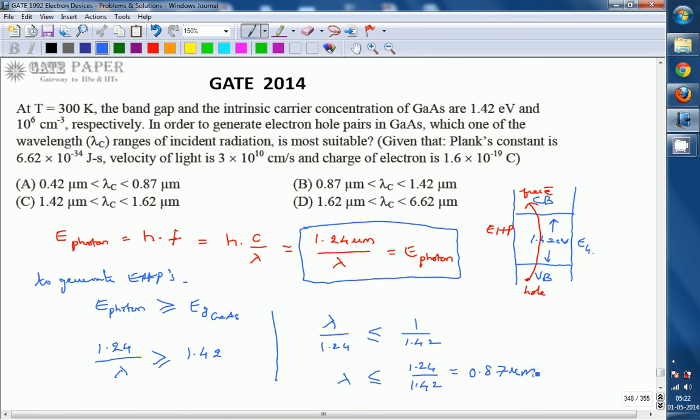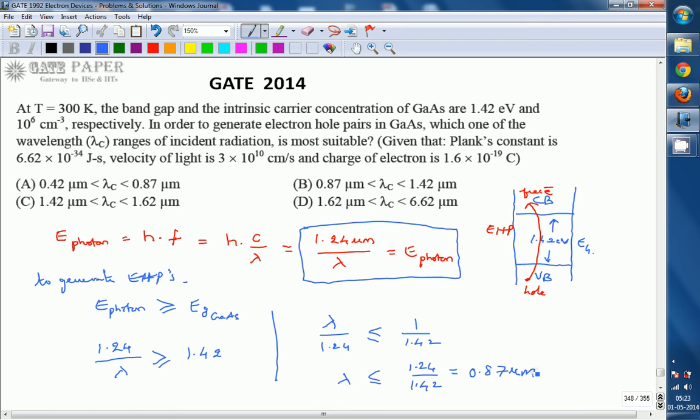So the lambda value has to be less than 0.87 micrometers, such that if the light wavelength is less than 0.87 micrometers, then it can break covalent bonds, so that electron hole pairs are generated in gallium arsenide.